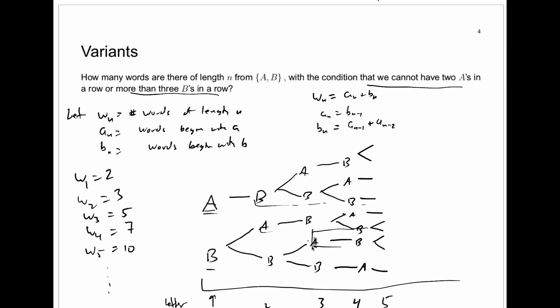They're now shorter by 2 letters and they start with an A, or I'm down here. Well, if I'm down here, I've got 3 B's in a row. And how many words start with those 3 B's? Well, the next letter has to be an A, so I can just write A sub n minus 3 here.